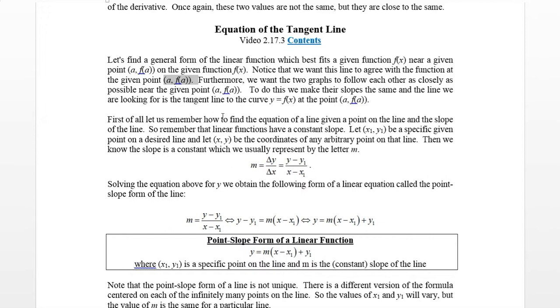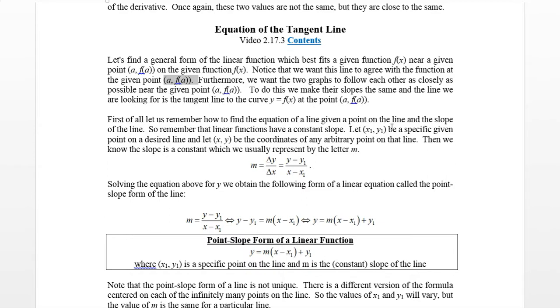So let's review a little bit of pre-calculus algebra here. How do we find the equation of a line given a point on the line and the slope of the line? First of all, remember that linear functions have constant slope.